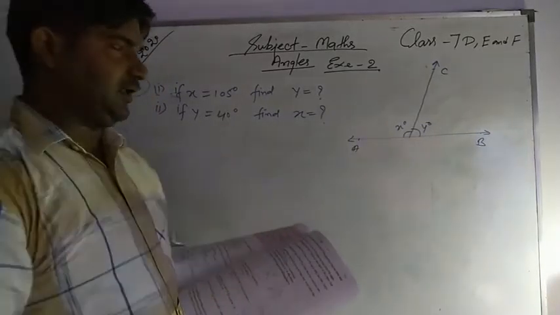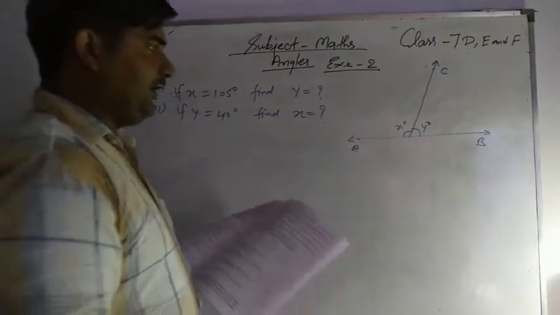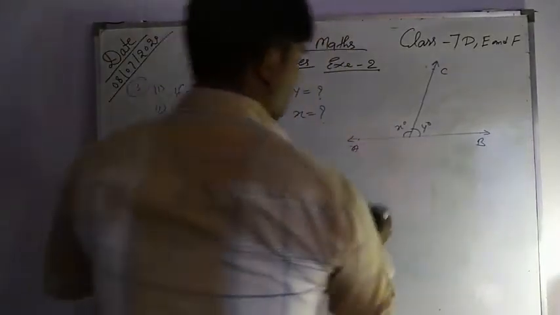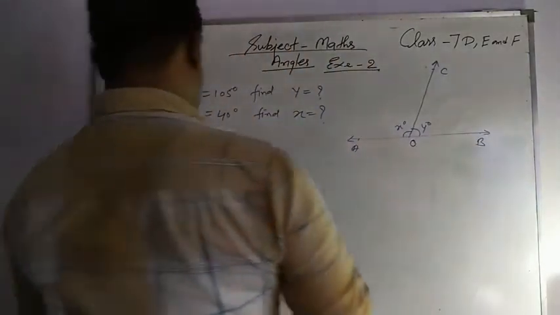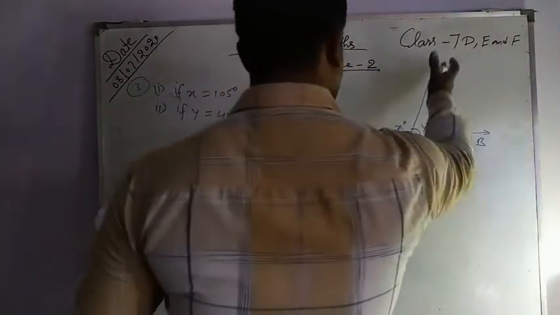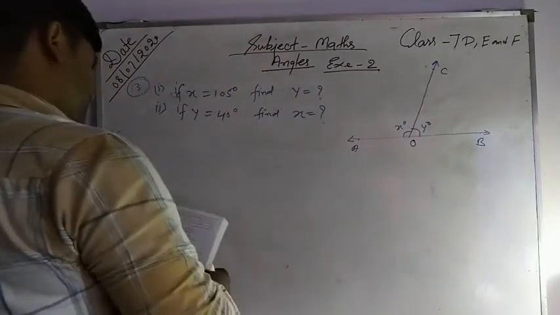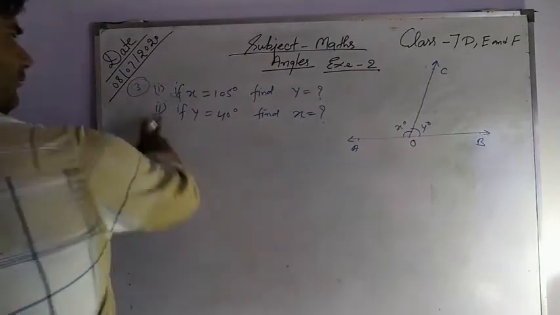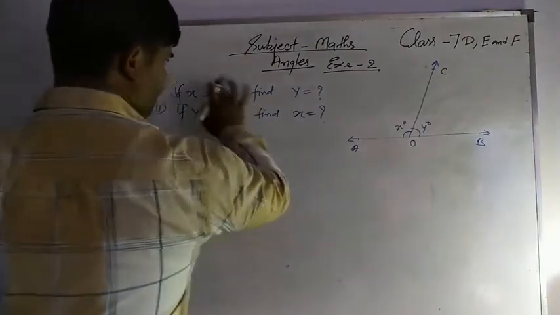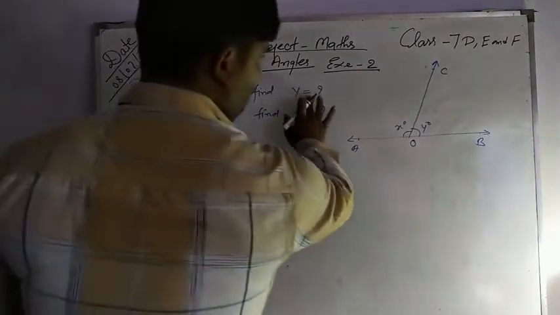There are two parts of this question. Here is O. OA and OB are opposite rays, and OC is the ray on it. This angle is x degrees and this angle is y degrees. The first question is: if x is equal to 105, then find the value of y.